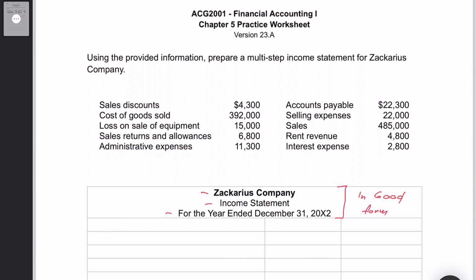Cost of goods sold, income statement, loss, sales return, and administrative expenses all go onto our income statement. Accounts payable, though. This one right here, the giveaway is payable. This should actually be on our balance sheet, so I am not going to put this on our income statement. The rest of them check out. We can go ahead and start creating an income statement.